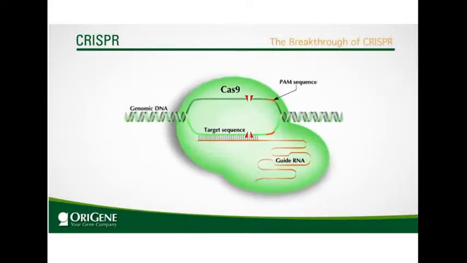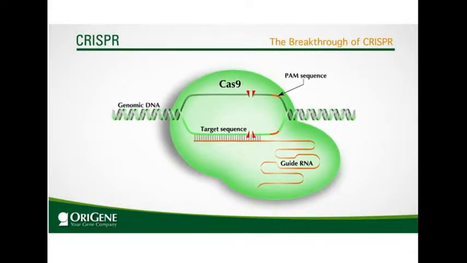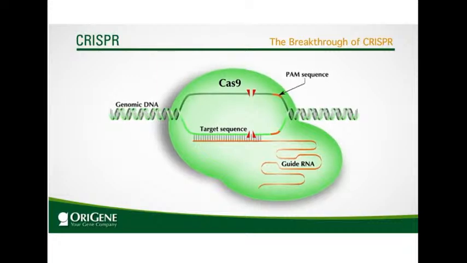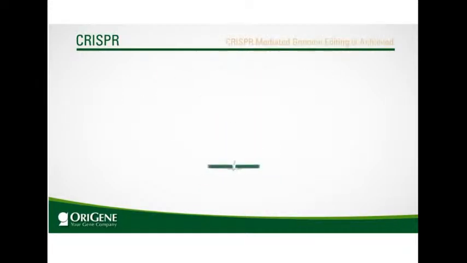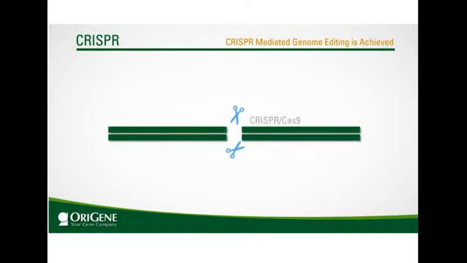The breakthrough of CRISPR technology has turned the tide and made gene knockout a much more accessible tool for many more research labs. The key revolution brought about by CRISPR is the creation of double-stranded breaks at specific sequences. With CRISPR, scientists can create double-stranded breaks at virtually any site in the genome.